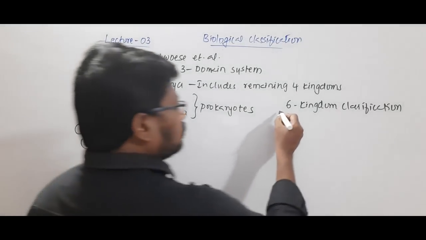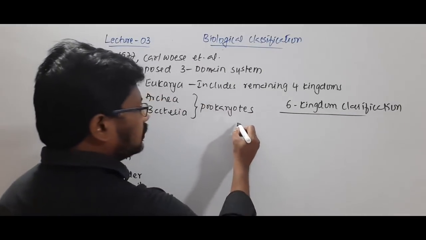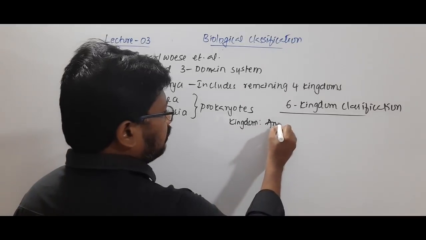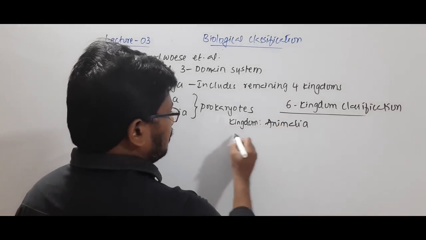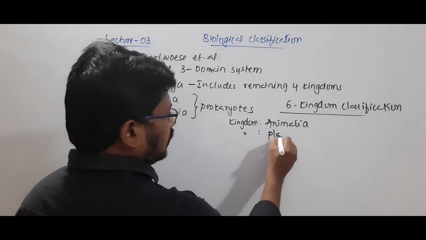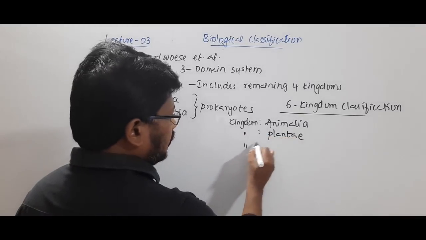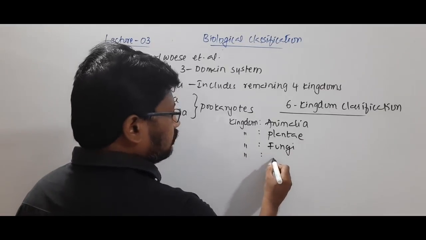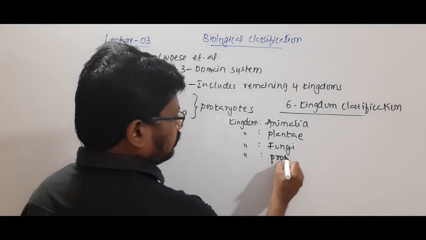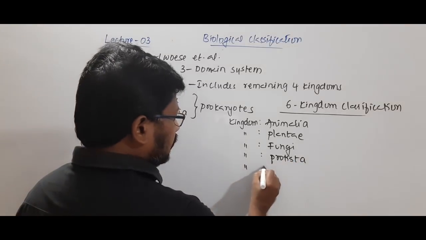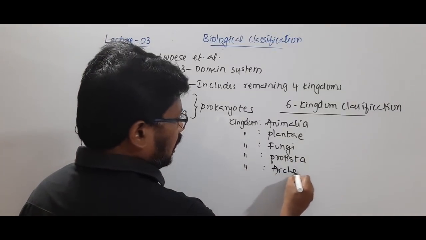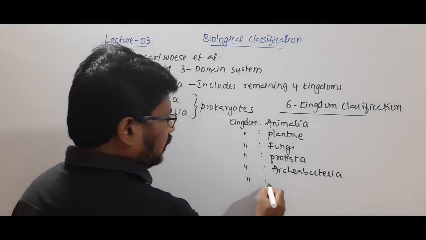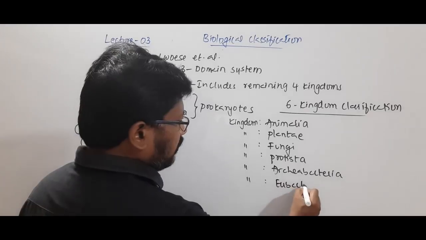So here, coming to the six kingdom classification, we have kingdom Animalia, then kingdom Plantae, then kingdom Fungi, then kingdom Protista, then kingdom Archaebacteria, and then lastly kingdom Eubacteria.